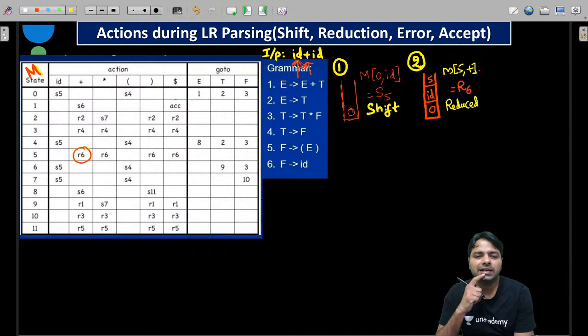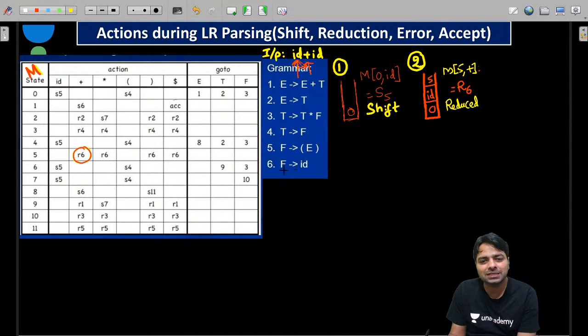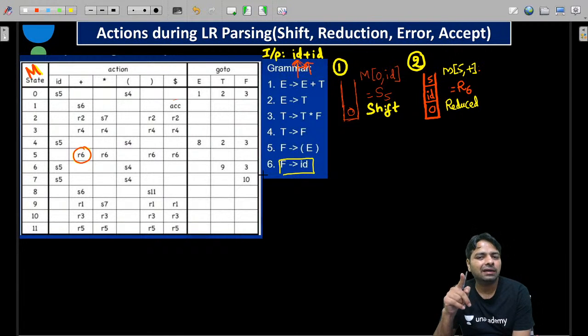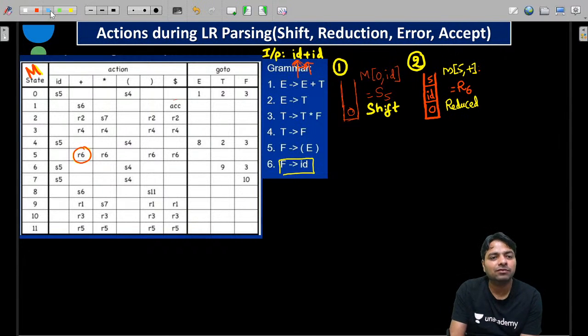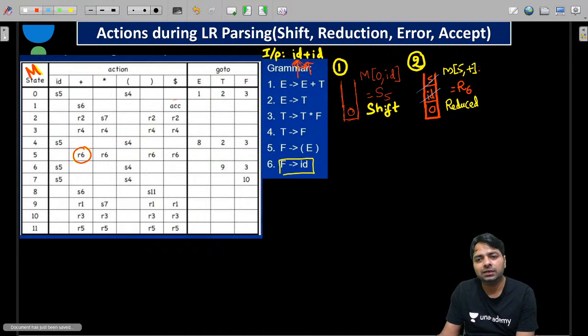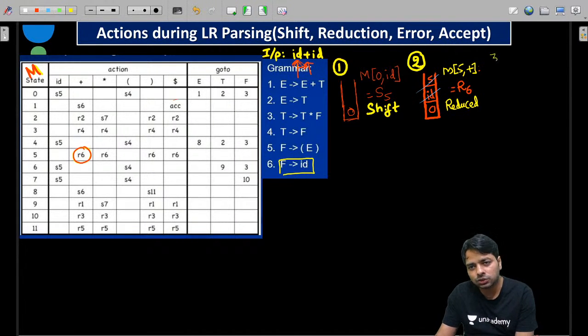Now how to perform this reduction? You know that R6 means F derives ID. ID is of length one, so 2 symbols we have to pop. We will pop 5 and ID, 2 times the length of ID. Then we push F.